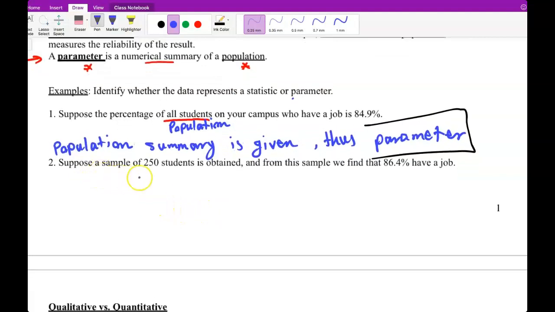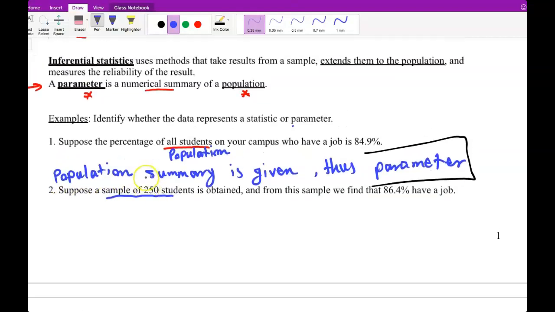Number 2, suppose a sample of 250 students is obtained, and from this sample we find that 86.4% have a job. I don't care what the percentage is here or on this part. We only need to focus on what we have here. Is that a population or a sample? In this part, we have a sample of 250 students.